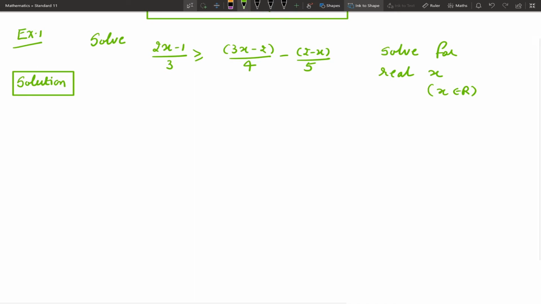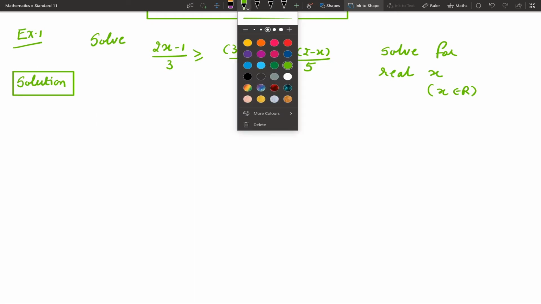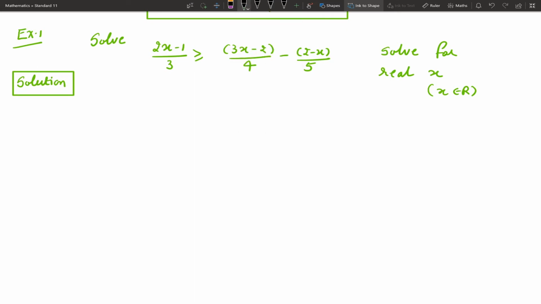We have given (2x - 1)/3 ≥ (3x - 2)/4 - (2 - x)/5.